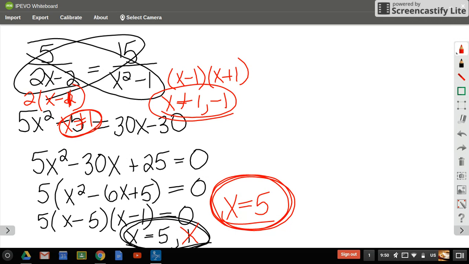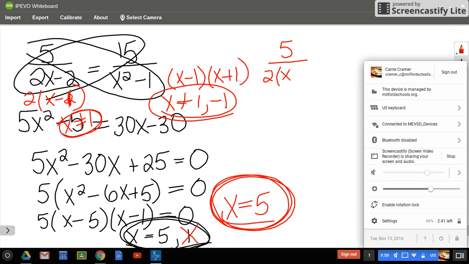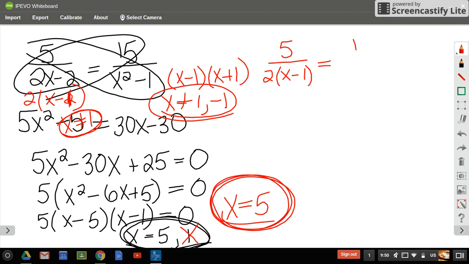All right, now there's one thing that I want to show you that some people make a mistake on. If you did this problem and you factored this out into x minus 1, x plus 1, and this into 2 times x minus 1, it would still work the same way. So this would be 5 over 2 times x minus 1 equals 15 over x minus 1, x plus 1.